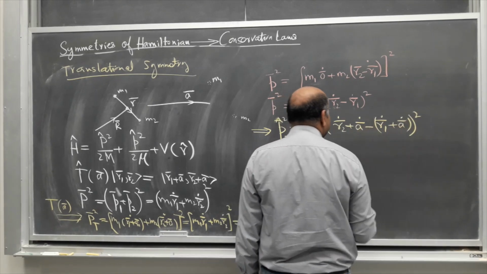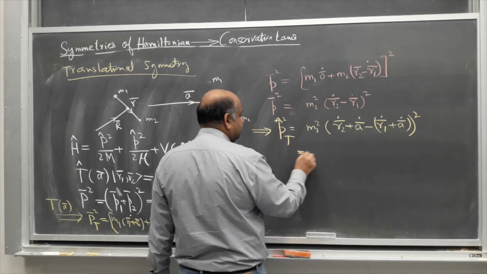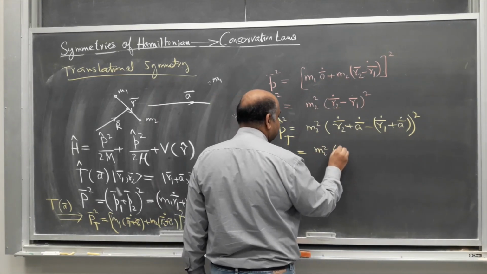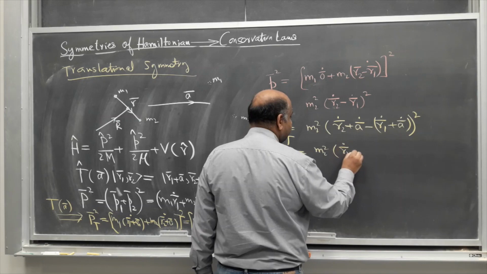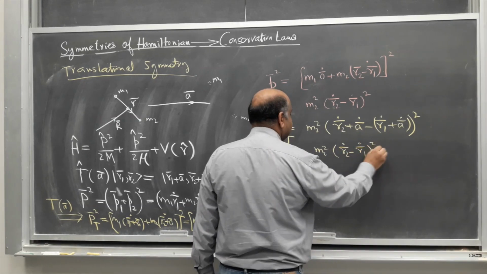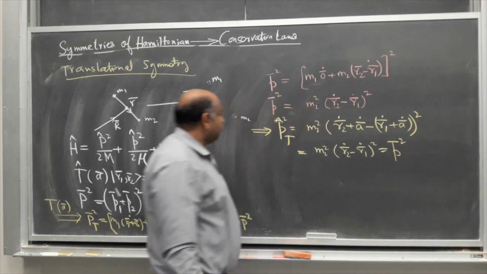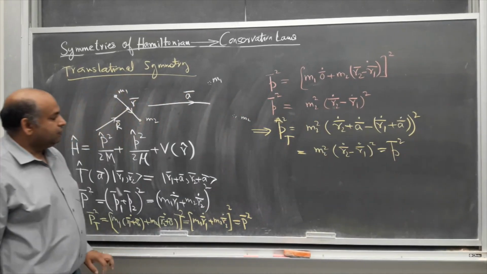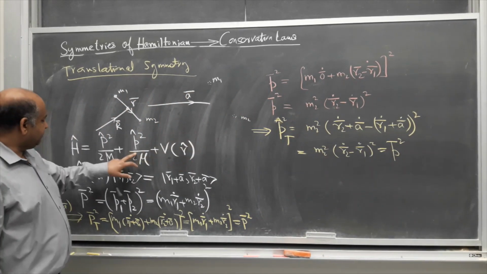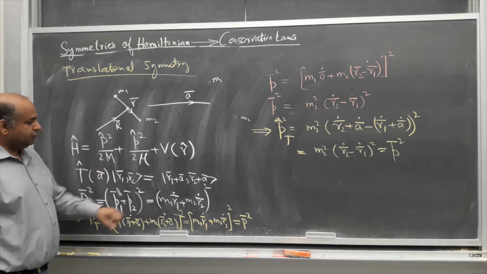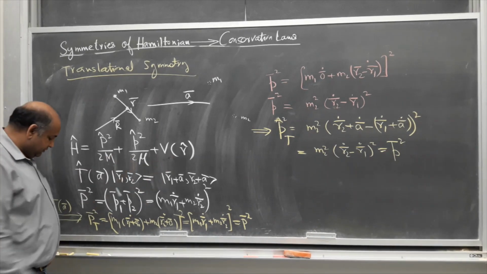So again these derivatives are 0, so we are left with m2 square (r2 dot minus r1 dot) square, which is the same as the original. So both of these terms, when they are translated by a constant distance a, remain the same. Let's now see this potential.